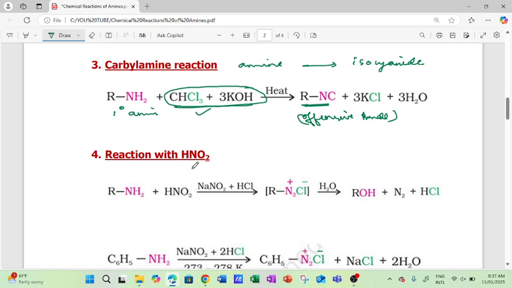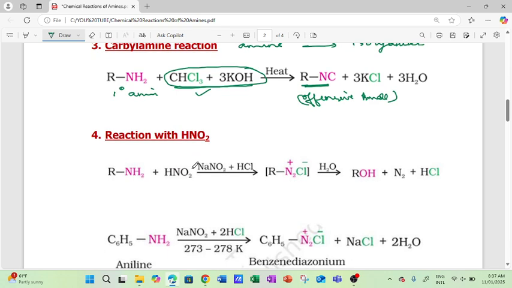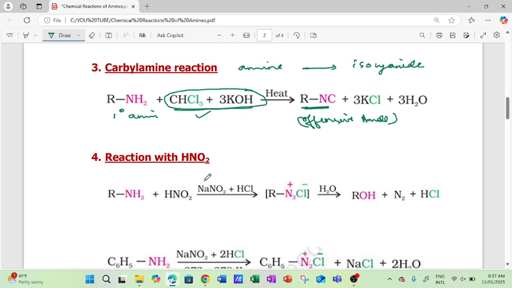So with CH3 or C2H5, even with C6H5 aromatic primary amines, we can do the same reaction. The condition is that this reaction takes place only for primary amines. For secondary and tertiary amines, there is no carbylamine reaction, or we will not get the characteristic smell. So to distinguish primary amines from the others, we can use the carbylamine reaction.